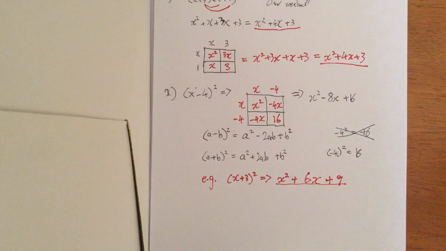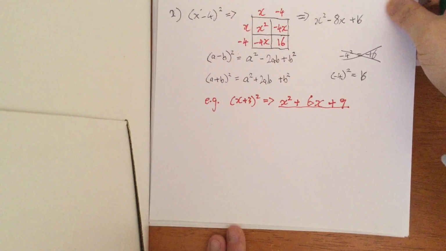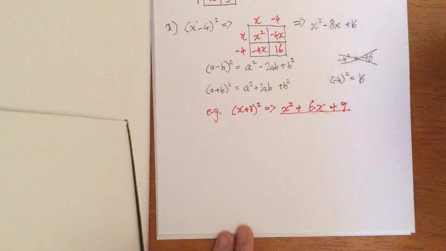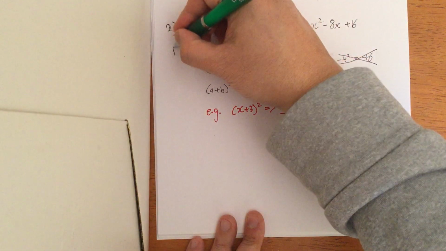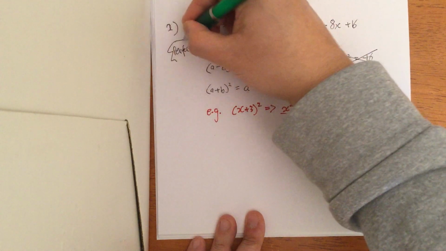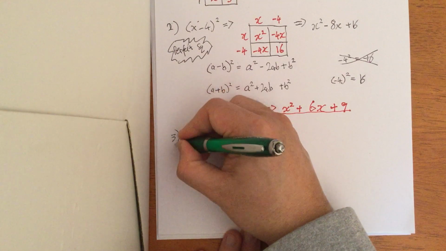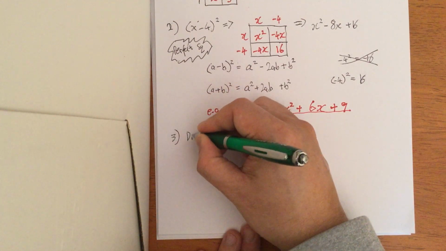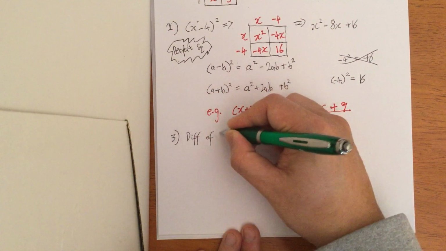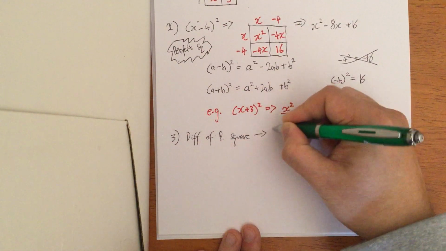All right, so moving on to the third little thing, and that is called a difference of perfect squares. So this thing here is called a perfect square, okay? This thing here is called a perfect square. My third example here is called the difference of perfect squares, also known as DOPS.